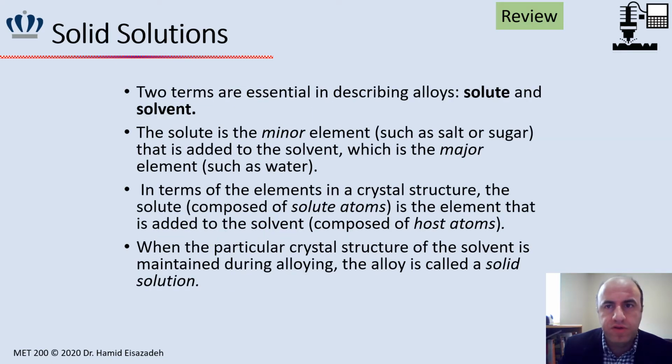And we also discussed some of the terms that we use in solid solution. For example, solute. What is a solute? Solute is a minor element that is going to be added to the solvent. So for example, in the sugar and water, the solute is sugar, and solvent is going to be the major element, such as water in the syrup example.